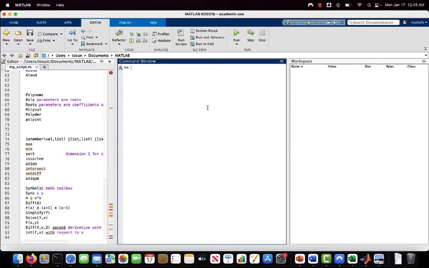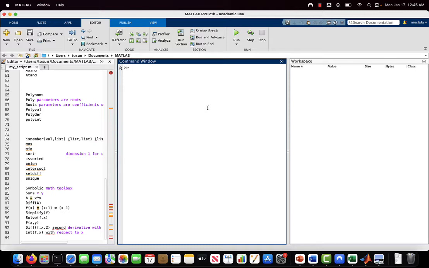To use symbols in Matlab, you need to install the Symbolic Math Toolbox add-on in your Matlab environment.